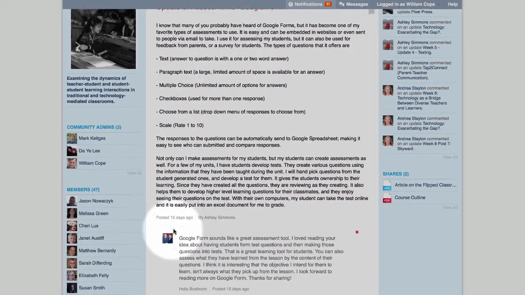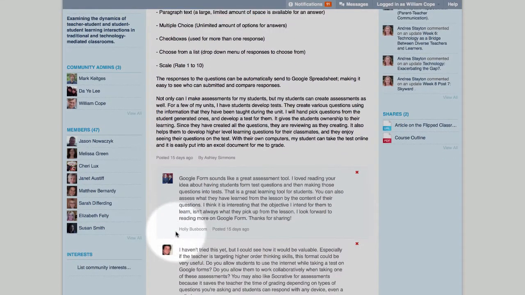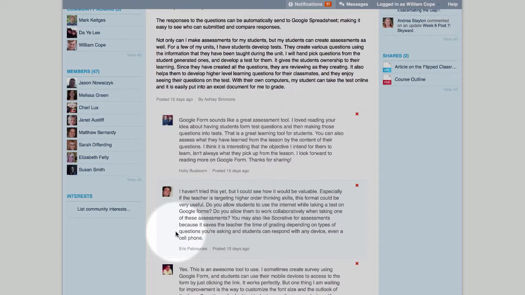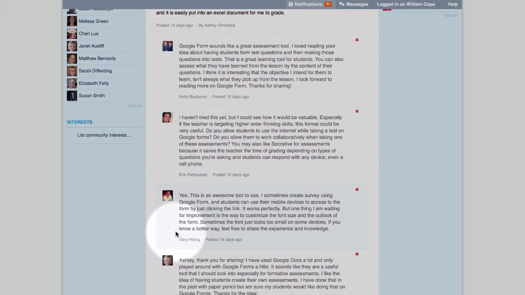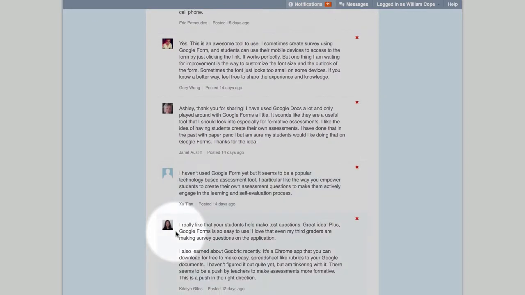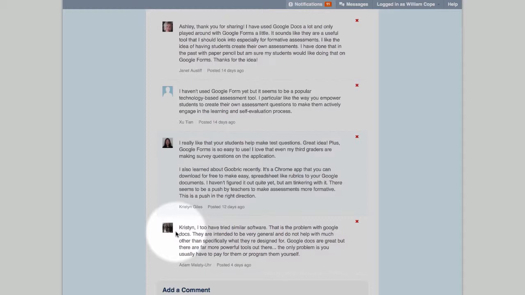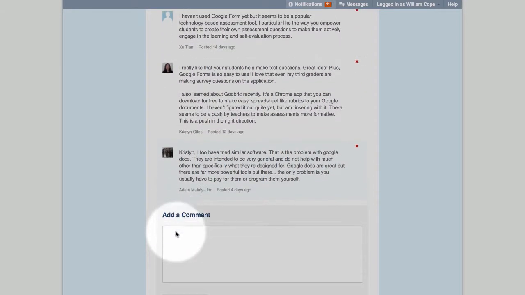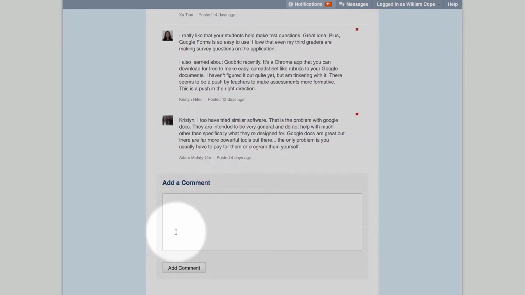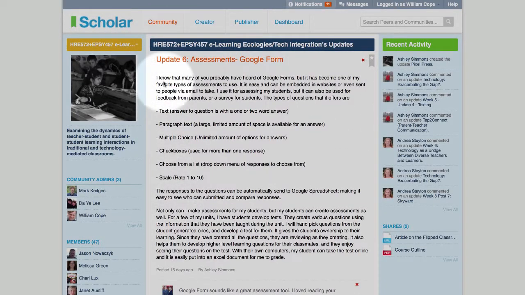And when people write back, they're writing back in ways which are a little bit like oral language, but again it's this dialogical form where they're moving from the world of informal orality to a more formal discourse. And by the way, there I can add a comment myself at that point if I want to jump in on that conversation. So there are a couple of features about this as a classroom discourse form.